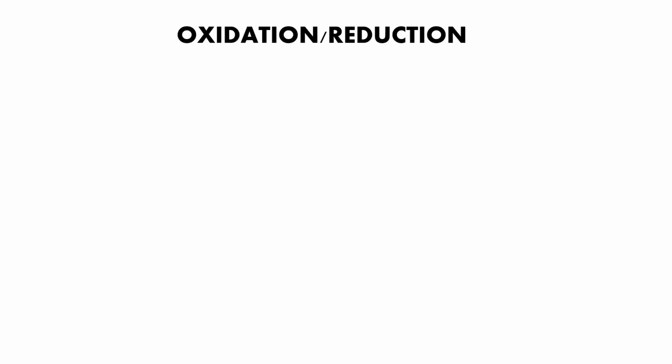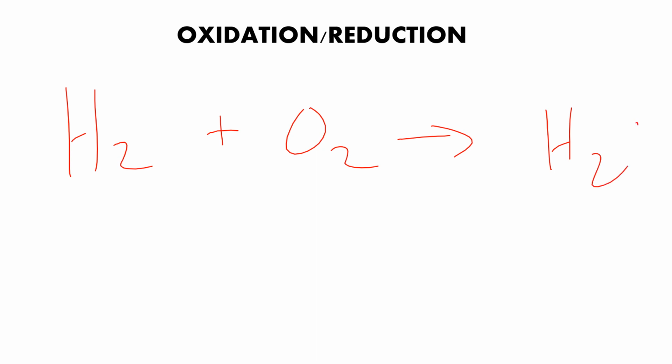So let's consider this. Hydrogen plus oxygen forms water, under the right conditions, of course. Is this an oxidation-reduction reaction? The answer is yes. How do you know that? By looking at the oxidation numbers of all the elements in the compounds.